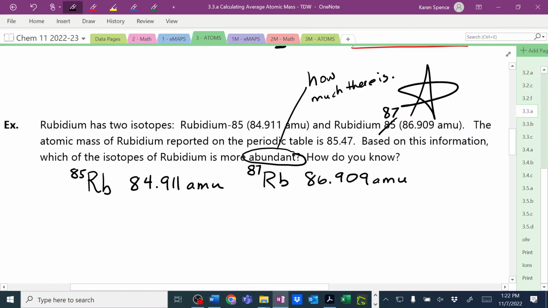How do you know? So what is our average mass? Is 85.47.